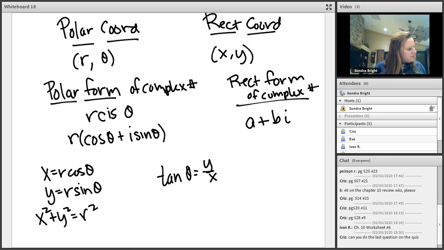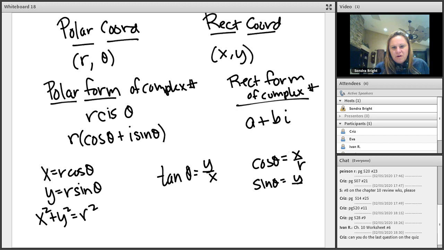That's just when it's not special. All the rest of the times, hopefully you remember, cosine of theta is x over r, and sine of theta is y over r. Tangent of theta was y over x. We use the reciprocals for secant and so on, so you kind of need to know that too.